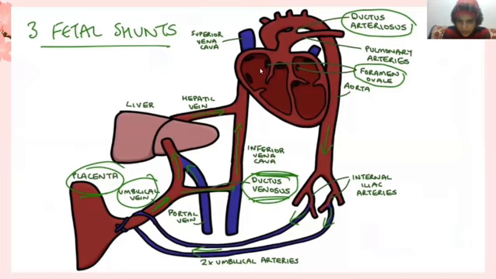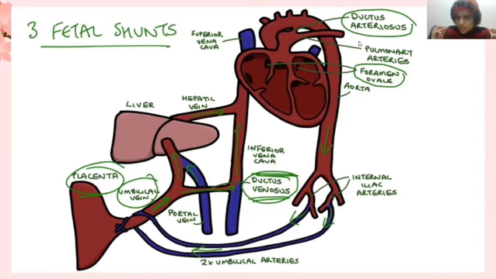So here in the right atrium, there is a foramen ovale. Most of the blood, around 70 to 80%, passes through this foramen ovale into the left atrium, and the remaining blood goes to the right ventricle through the tricuspid valve. From the right ventricle, during ventricular systole, this blood goes into the pulmonary artery, but there is a shunt between the aorta and the pulmonary artery.